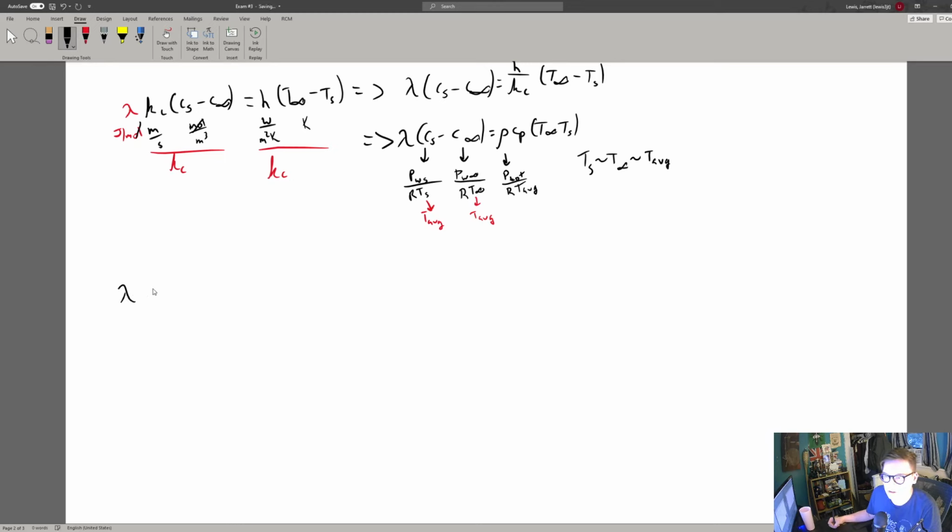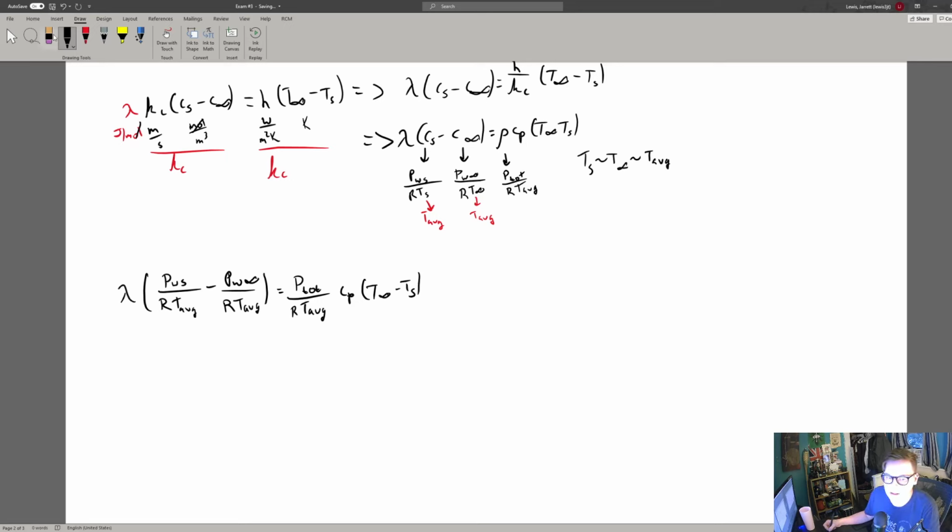So you have the heat of vaporization times the pressure of water at the surface divided by the ideal gas constant times the average temperature, minus the pressure of water in the environment divided by the ideal gas constant times the average temperature, is equal to the total pressure divided by the ideal gas constant times the average temperature, times the heat capacity times the difference in temperature.